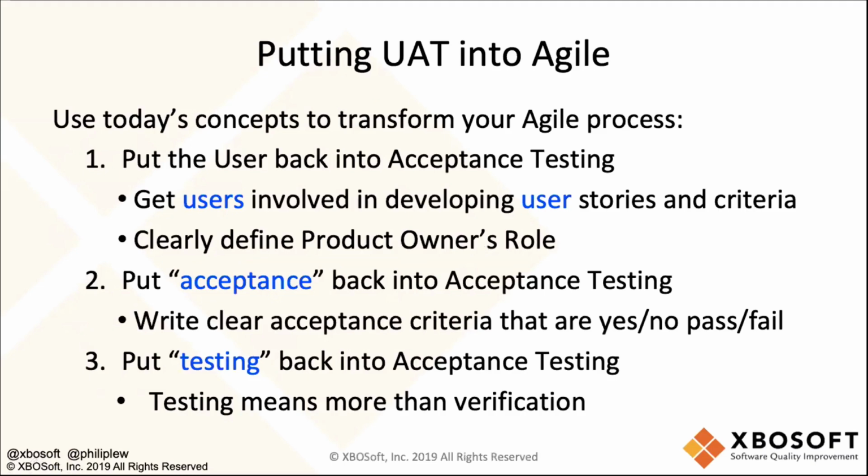Developing the acceptance criteria is really critical. And those acceptance criteria have to be very clear, with a yes, no, pass, or fail. And then, of course, you have testing that matches those criteria. And we really need to put into the acceptance testing, as I mentioned before, not only the things that we're expecting to happen, but all the things that we're not expecting to happen have to go into the test criteria as well.